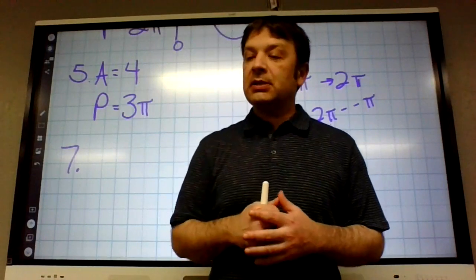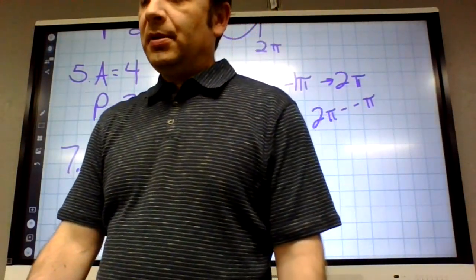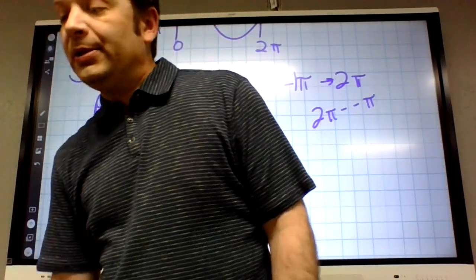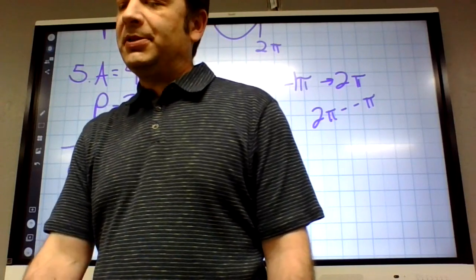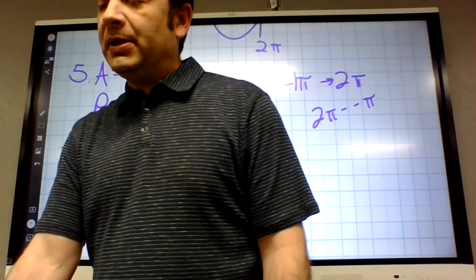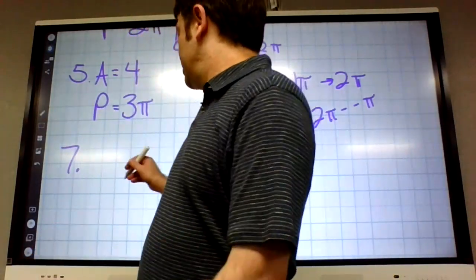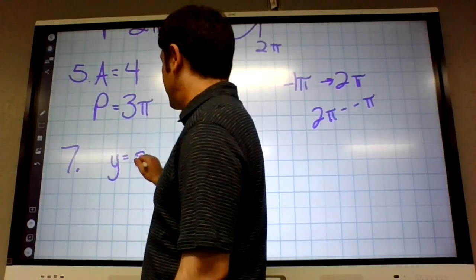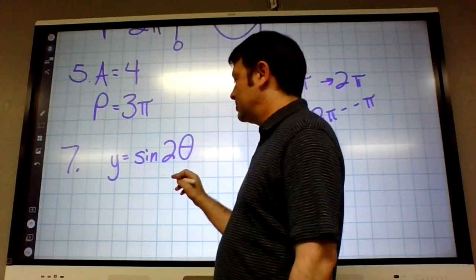Okay, 7. This is matching. We have to say which graph goes with which. On 7, they started with the hardest of the group, I think. Sine of 2 theta. What did I say happens when you put a 2 in front of the variable?